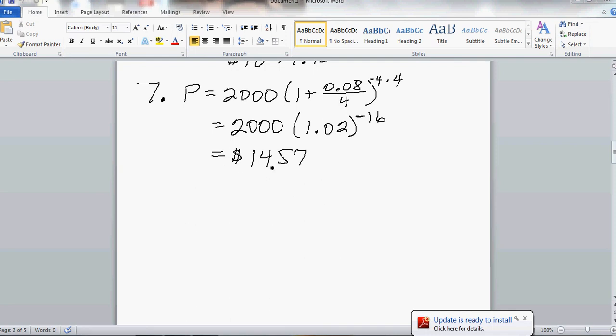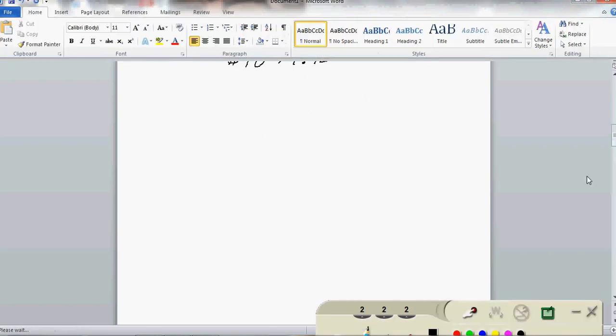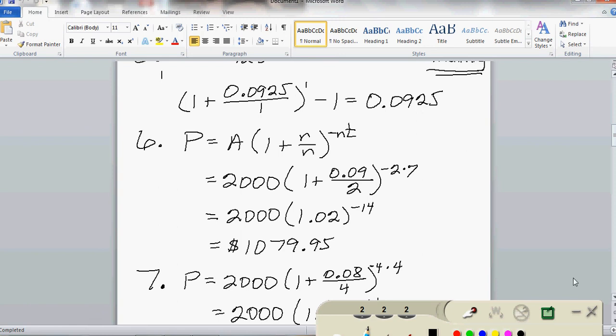So once again, if we put that amount into this account, 4 years later we would have right at $2,000. Realize this number that I said previously for number 6, this obviously is not 1.02, but I can't go in and change it right now.